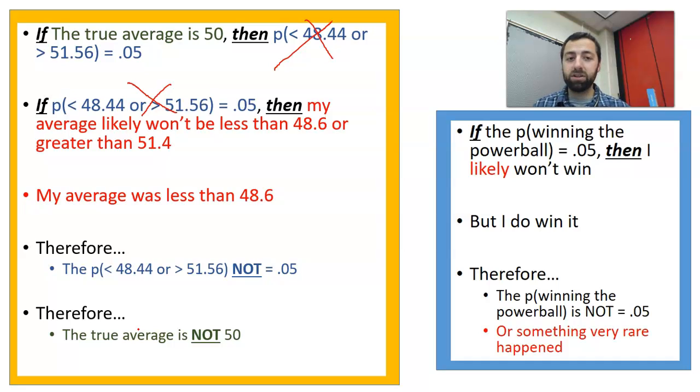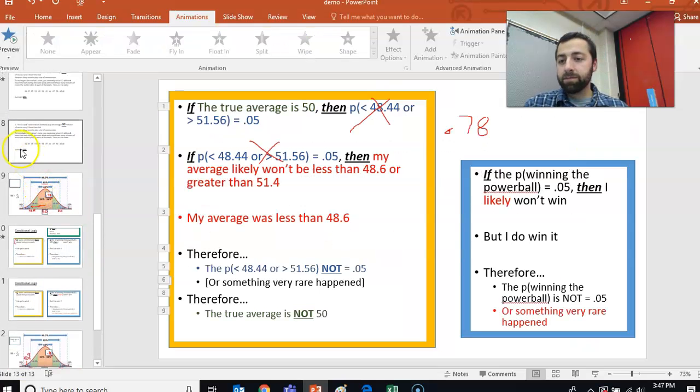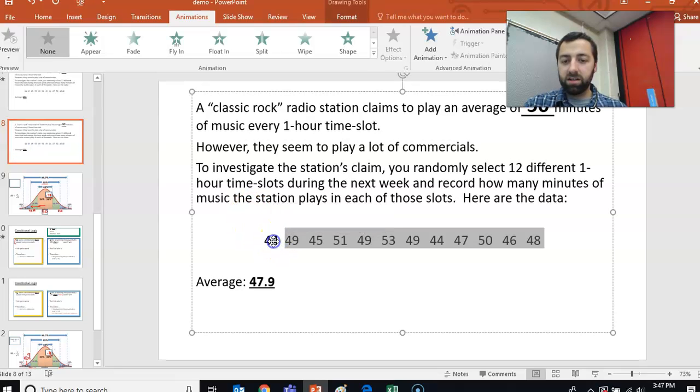Now, I made use of the standard error being 0.78. I want to show you guys how I did that because I'm going to ask you to do the same thing in your assignment. So here's our data. Okay, that'll work.